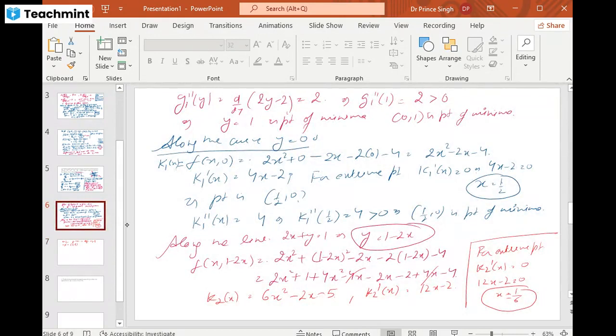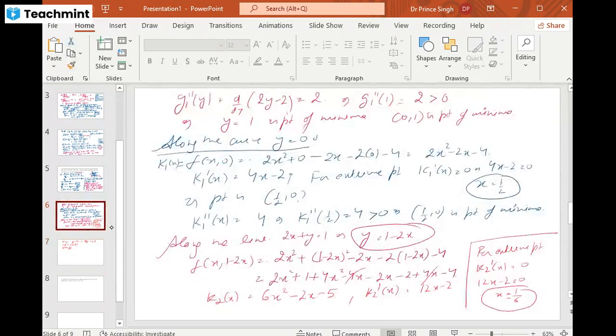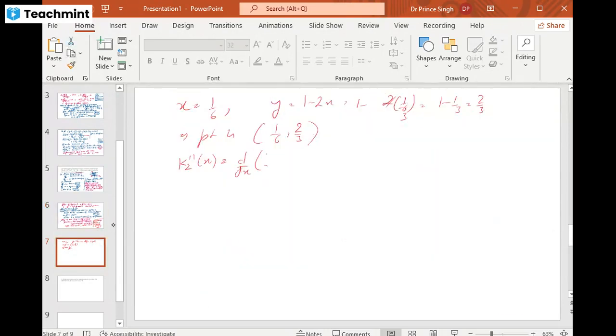Now we find out the second order derivative. k2 double dash x is d by dx of the first order derivative 12x minus 2, which is 12. Even if we replace it with x equal to 1 by 6, its value remains positive. So it means (1/6, 2/3) is the point of minima.